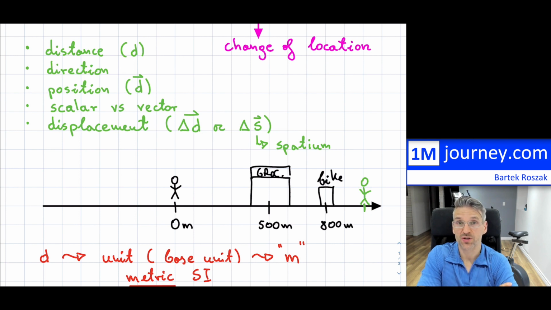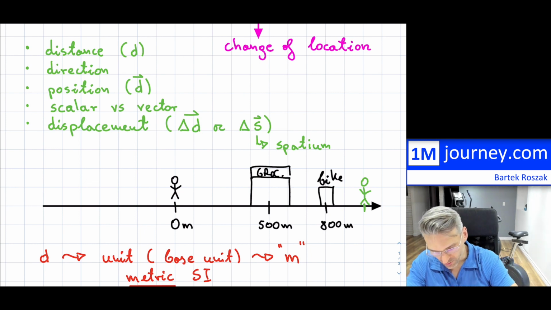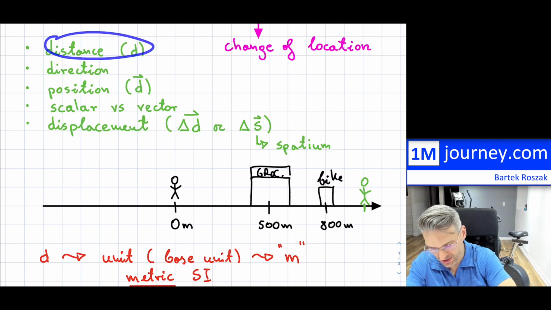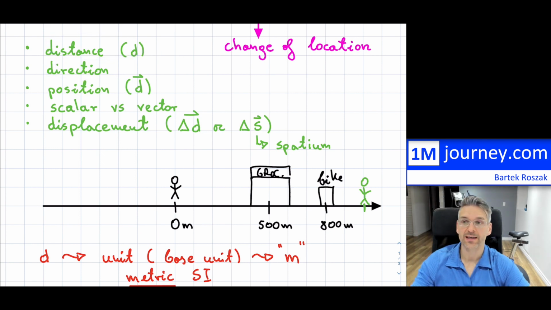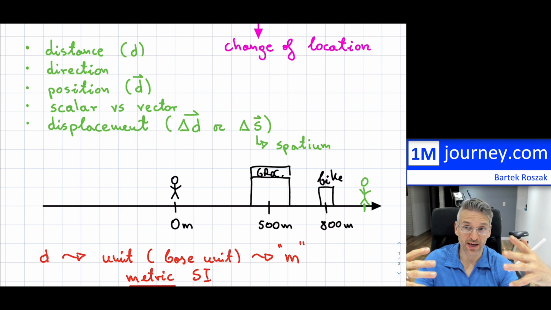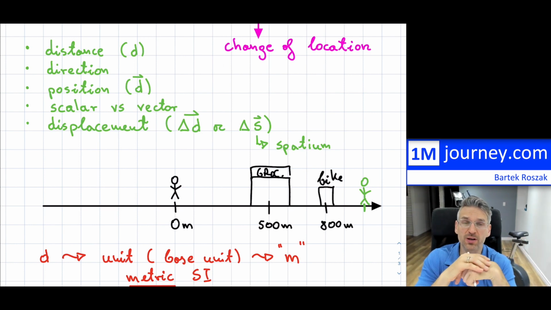But if you want to let somebody know where to go, you're most likely going to also need direction. So in physics, we start to combine these. We have a combination between the actual distance and the direction itself. And when we combine the actual distance that you cover and then you provide a direction, you may want to start talking about a particular position. Now, position, be careful, because it's not the actual distance that you cover.